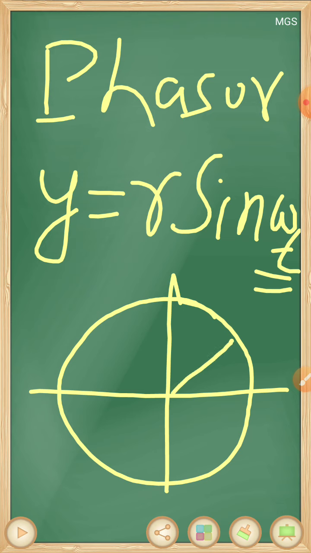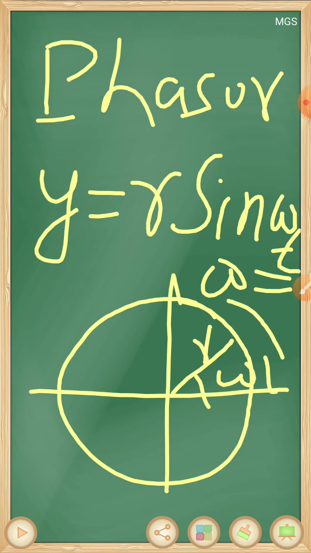Now, this is your amplitude vector r, and if the particle is rotating with an angular velocity, say omega, then in time t it will describe an angular displacement omega t.